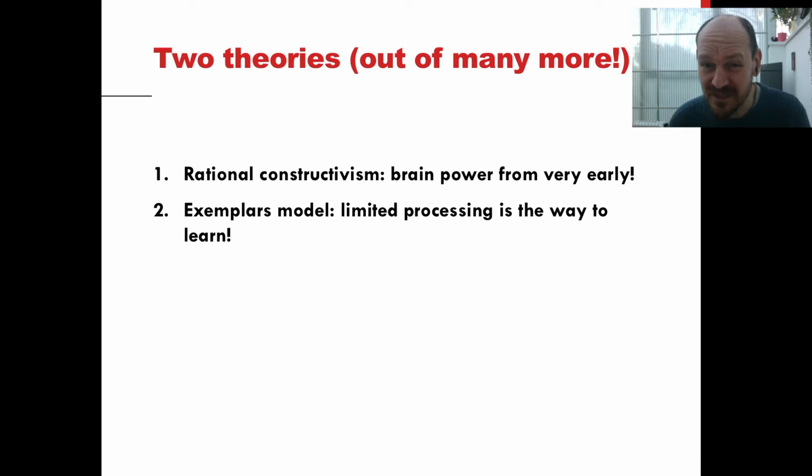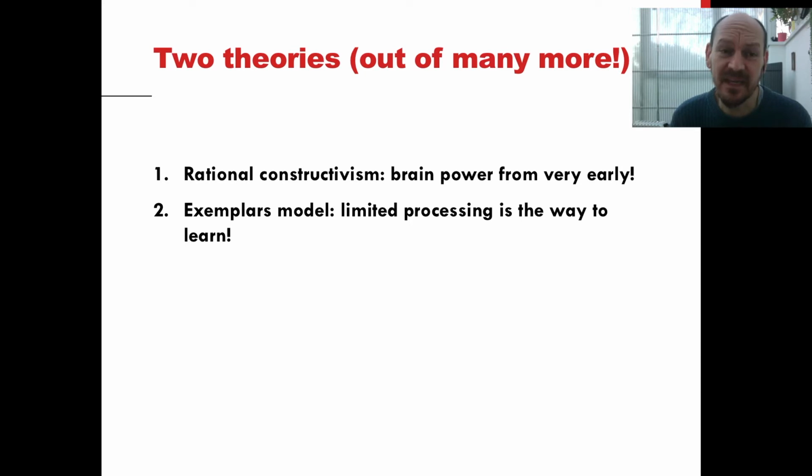So I have chosen it because it really stems from a classical approach to cognition, stemming from rationalism and constructivism. So this theory is focusing on this huge brain power.